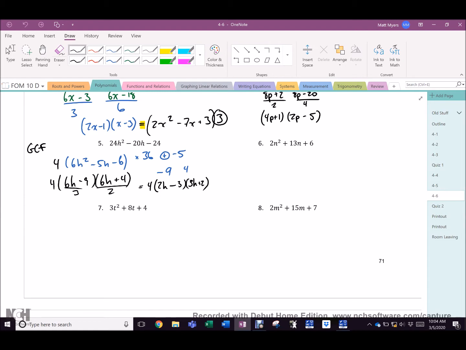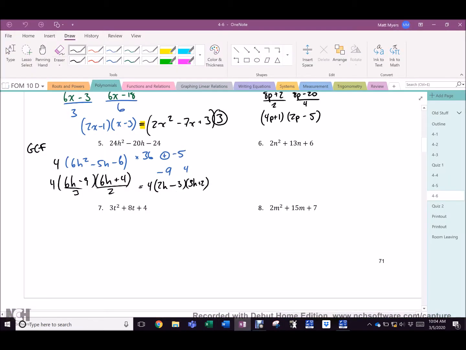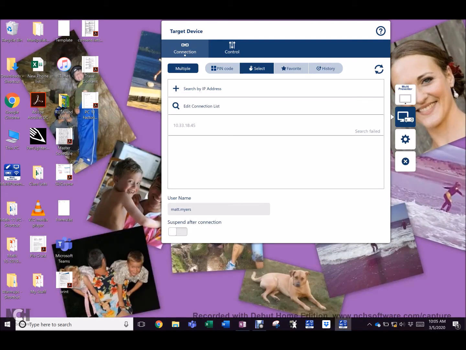But this one is not a bad one to try guess and check on because, of course, the numbers are small and the choices are not complicated, right? Like it has to be 2 and 1 and 2 and 3 or 6 and 1, right? So it's not too bad to try guess and check on. But we shall carry on.